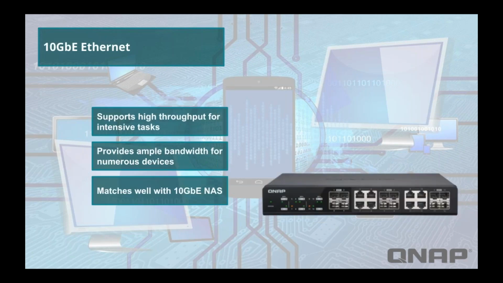For those who do require faster speeds than 2.5 gigabit, QNAP also makes affordable 10 gigabit network switches. This pairs well with a number of 10 gigabit QNAP NAS to facilitate extremely quick data transfers over the network. And this can be helpful when many devices need to access the server, even if each device is only connecting at a single gigabit speed.